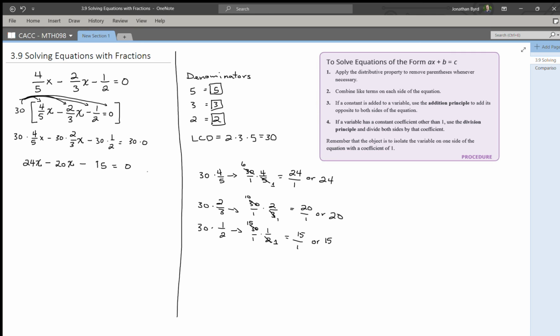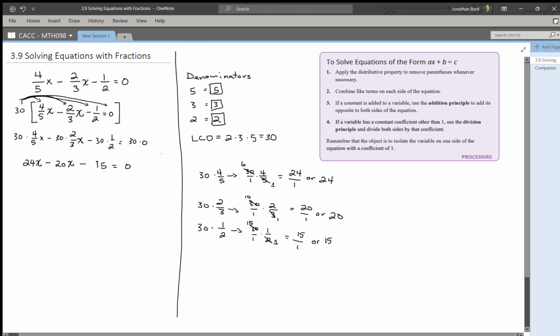The 24 is definitely bigger than 4/5, but the fractions are all gone. There are no more fractions. That's what multiplying by the LCD will do. It takes away the fractions. So now I can resort back to solving equations in the form ax plus b equals c, because realistically, that is all that I am doing.